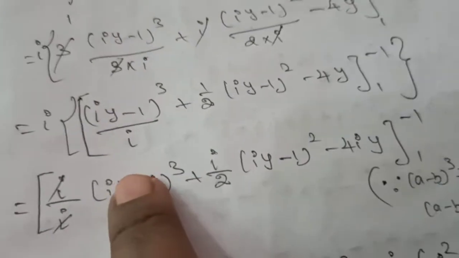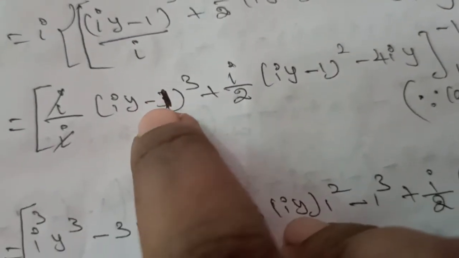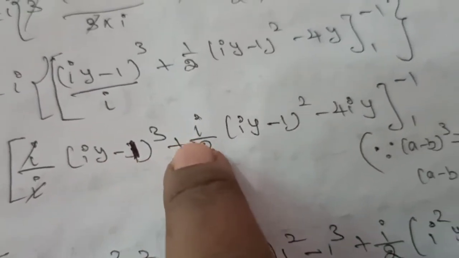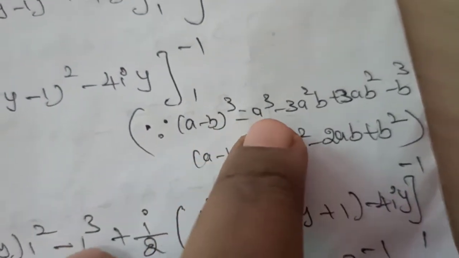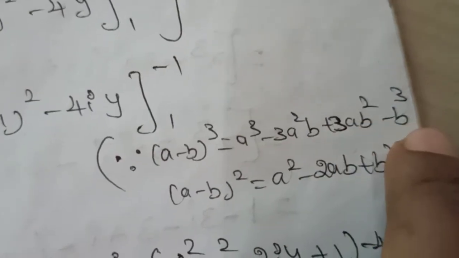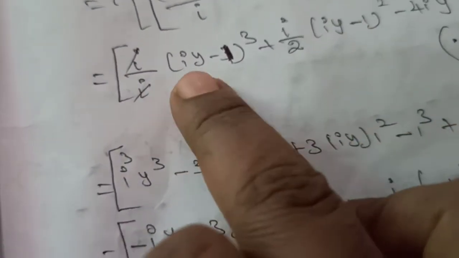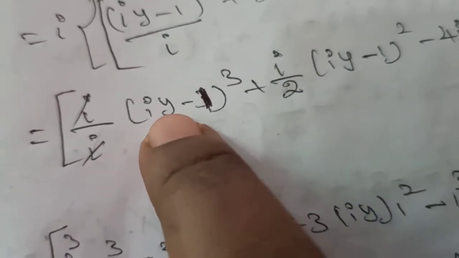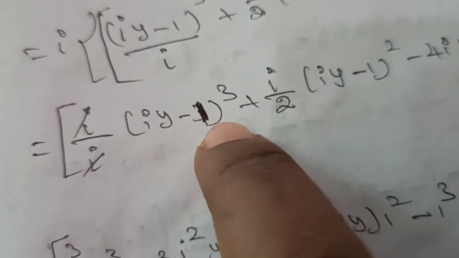Okay, now using the formula. The first term is based on the (a minus b) the whole cube formula. The (a minus b) whole cube formula is a cube minus 3a square b plus 3ab square minus b cube. Using this formula, a cube: here a is iy and b is 1.